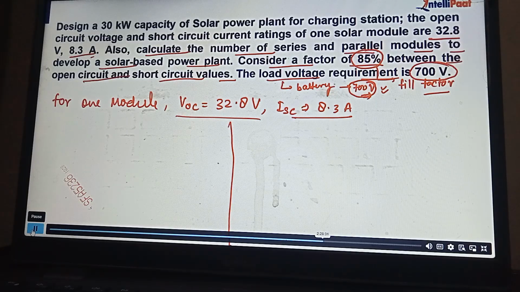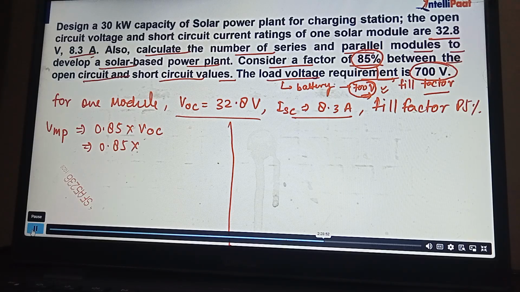Now let's discuss this VMP. First we will try to calculate VMP. How do we calculate? The fill factor is given, 85%. So VMP we can calculate as 0.85 multiplied by VOC. What is the value of VOC which is given? VOC is 32.8, so we can calculate that is 27.88.